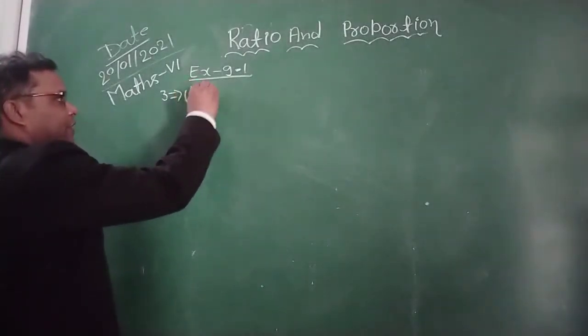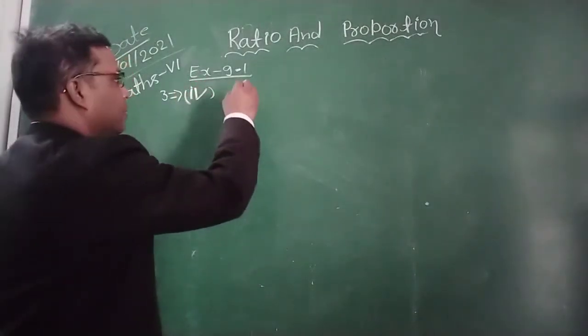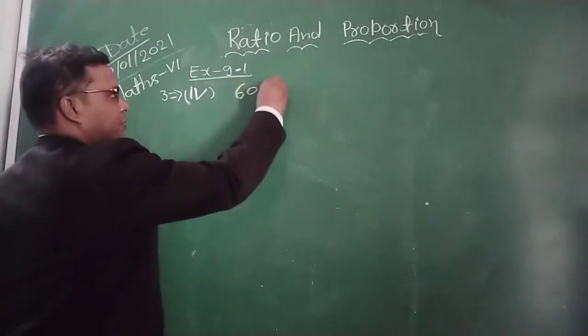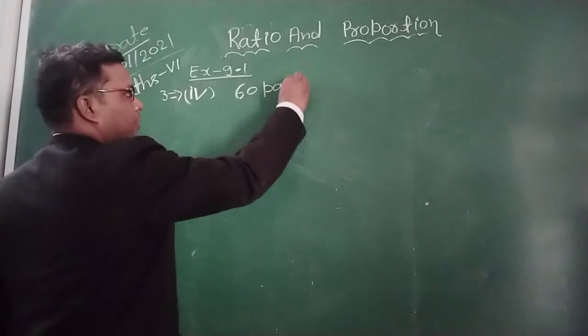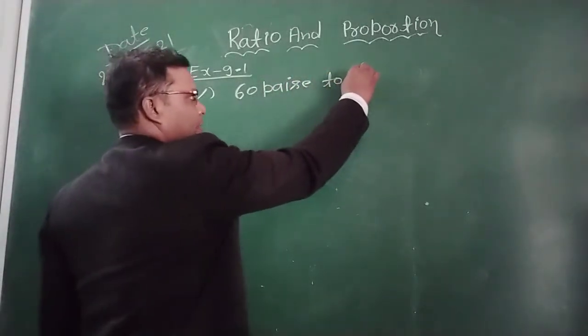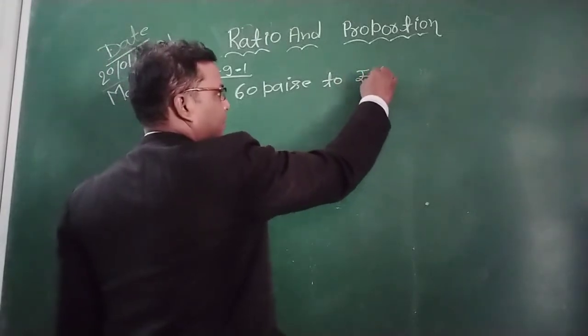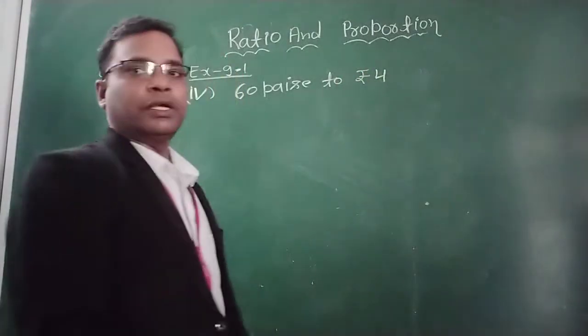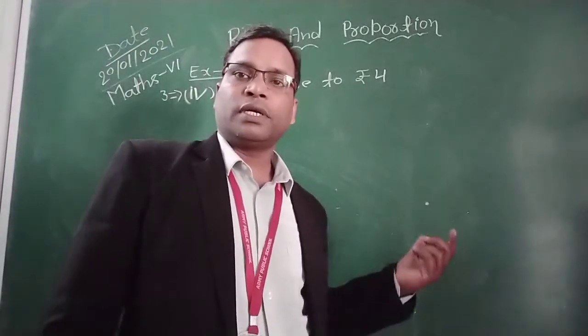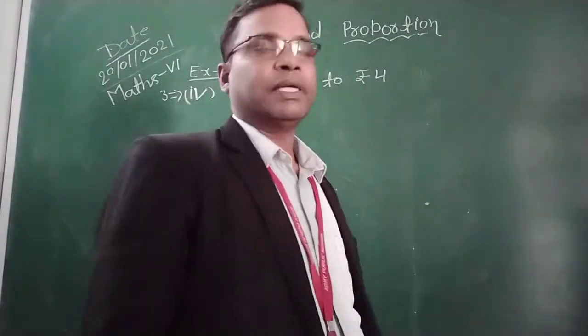The fourth part of this question is, find the ratio of 60 paise to 4 rupees. Okay, so here you can see this is paise and this is rupees, so we convert rupees into paise.